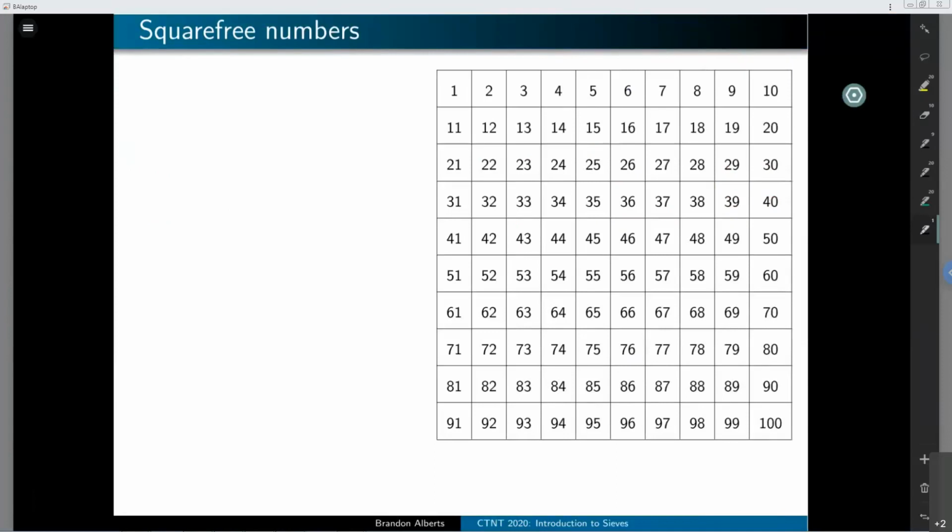We're not only going to color in the square-free numbers green, but we're actually going to count them. How many square-free numbers are there less than or equal to x? That's some function of x. It's like a smoothed out characteristic function, and we'll be able to say this function is approximately some differentiable function, and give the error.